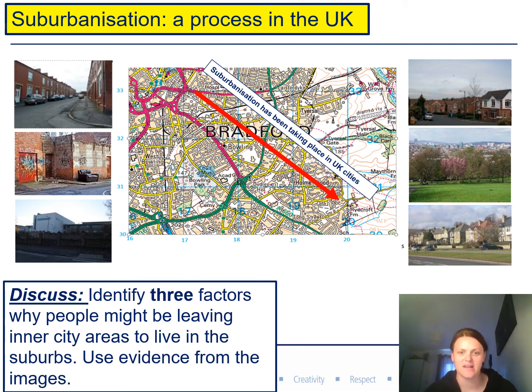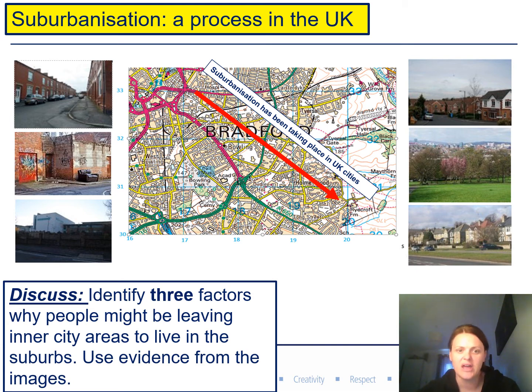Okay, that was great. So let's have a look at this now. We looked at this last lesson, and it shows an OS map of Bradford up in the north, in Yorkshire, and it shows you what the city looks like from the inner city right out to the suburbs. So we're going back to this word again, suburbanisation, and it means the movement of people from the inner city to the suburbs.